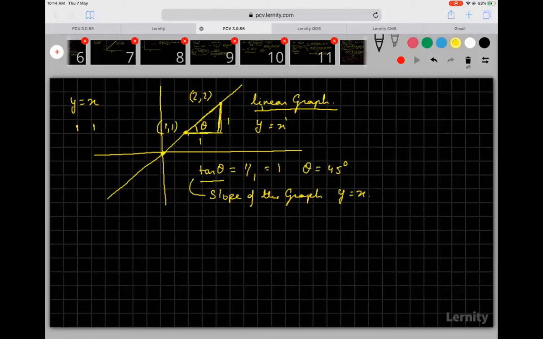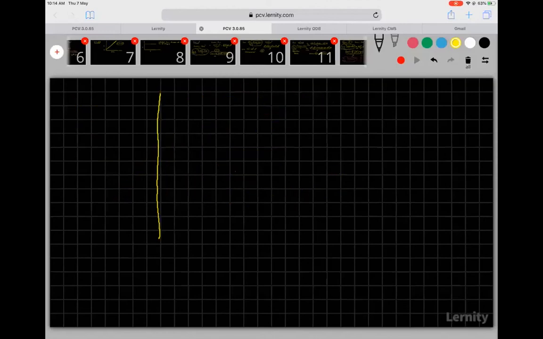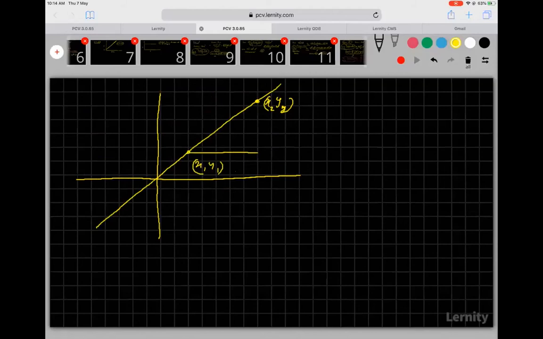We are learning quite a bit of stuff. I'll explain slope again. That is another part of maths, but we have to learn that. Suppose this point here is x2, y2. Suppose this point here is x1, y1. If I draw a horizontal, do you understand that this distance here is x2 minus x1? Then do you understand that this distance here is y2 minus y1?